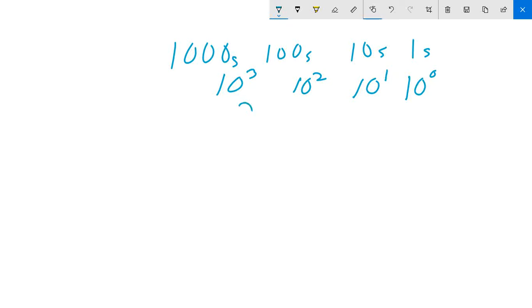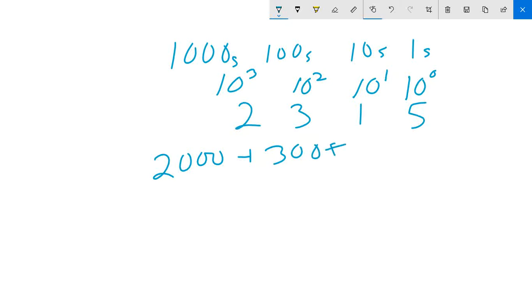So if I have a number like 2,315, it means I have 2,000 plus 300 plus 10, sorry about my writing here, plus 5. And that's one way of expanded form.